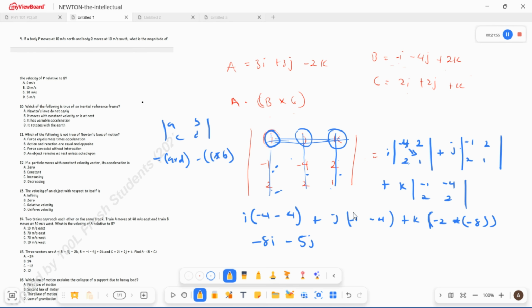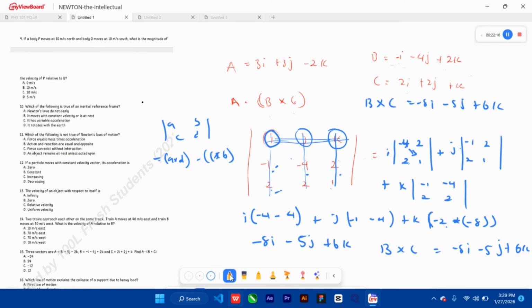Then here we're going to have minus 2 minus minus 8, which is minus 2 plus 8, which is 6. We have plus 6k. So the cross product of b times c is equal to minus 8i minus 5j plus 6k. Let me just write this here.